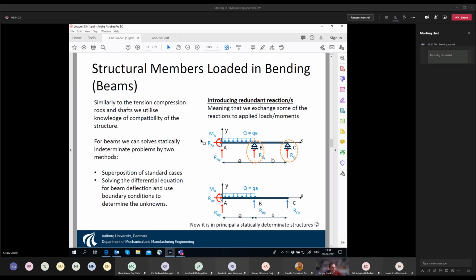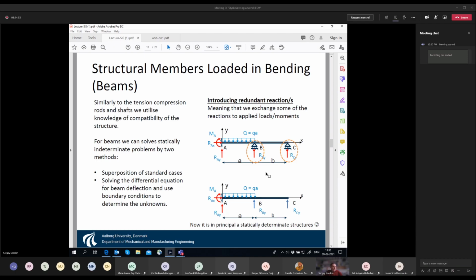All in all, we have 5 unknowns, and we have only 3 equilibrium equations: the sum of forces in the horizontal direction, the vertical direction, and the sum of moments. So this redundancy is the missing equations. We have 5 unknowns and only 3 equations, so we need to come up with 2 extra equations. And I hope it makes sense.